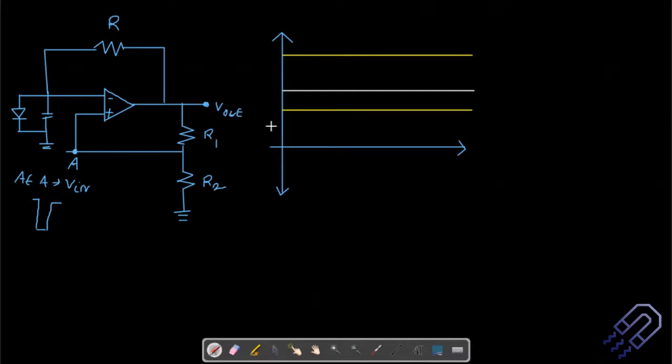Whatever you have at this particular point is minus V sat. Whatever you have at this point is plus V sat.